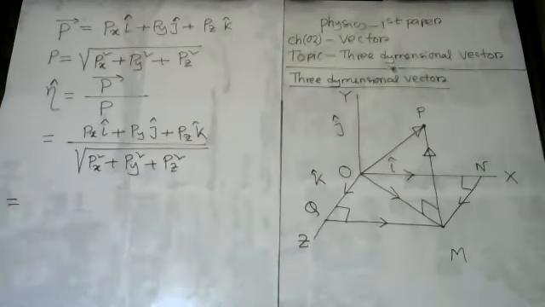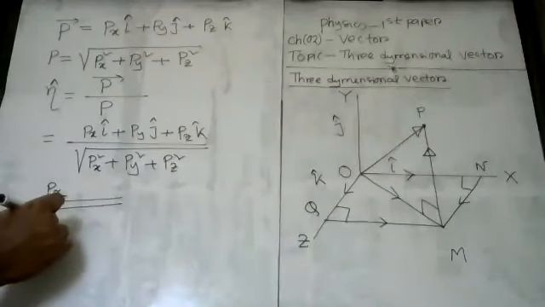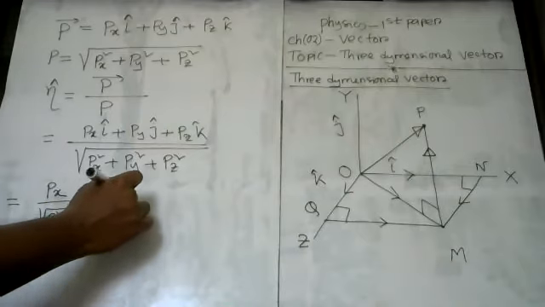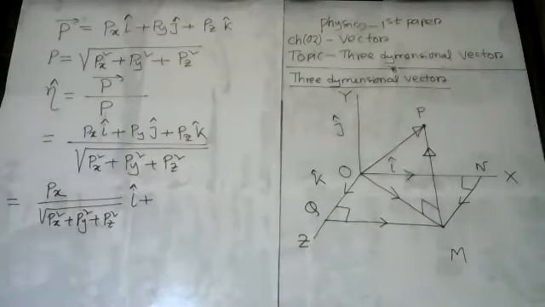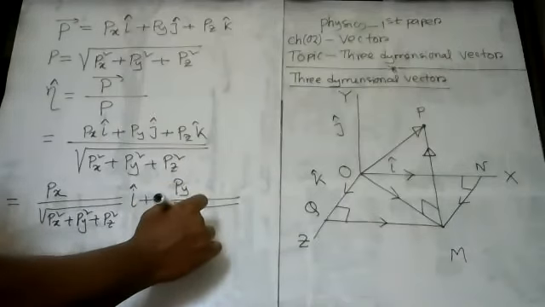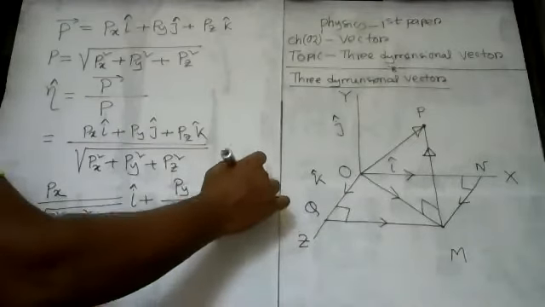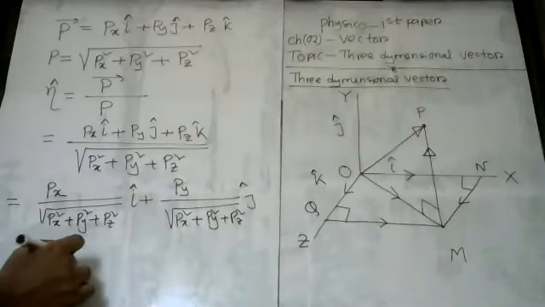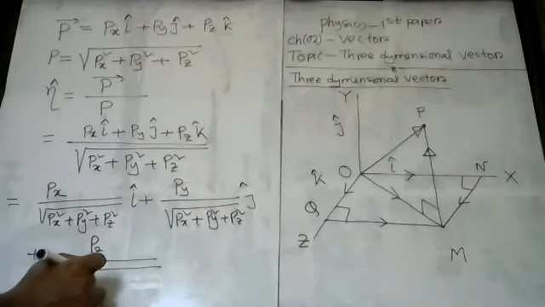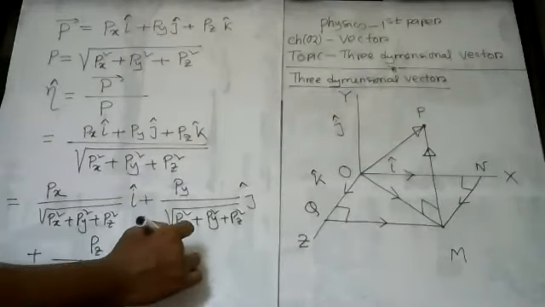So, Px divided by root over Px square plus Py square plus Pz square into I hat, plus Py divided by root over Px square plus Py square plus Pz square into j hat, plus Pz divided by root over Px square plus Py square plus Pz square multiplied by k hat.